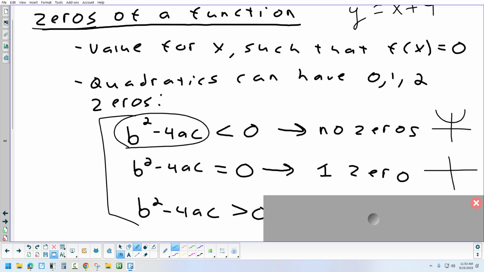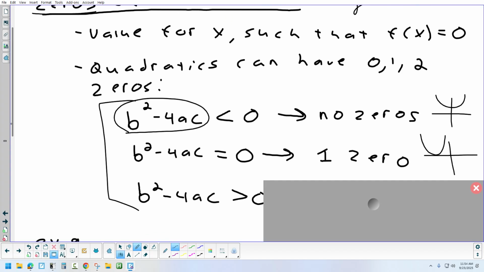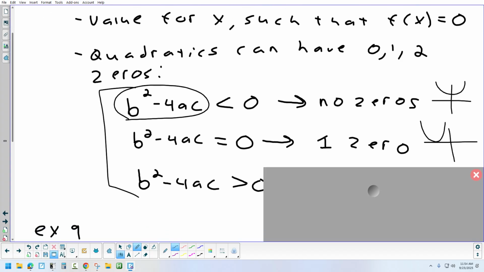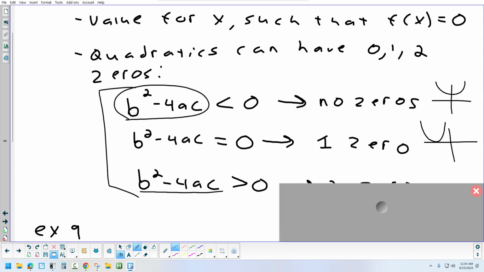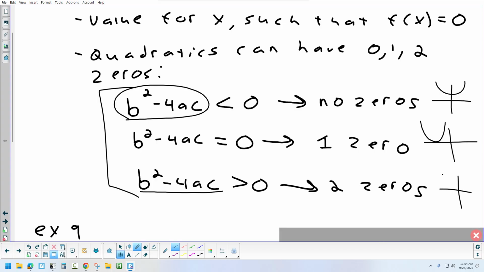It's technically not even really crossing it. It's just coming down, touching it, and going back up. And how many times do you think it would cross the x-axis if that came out to a positive result? 2 times. Yeah. Looks something like that.